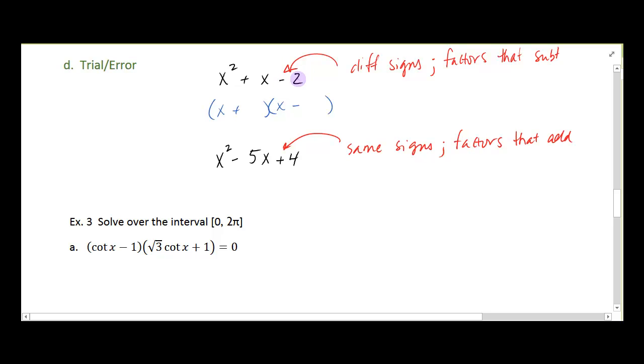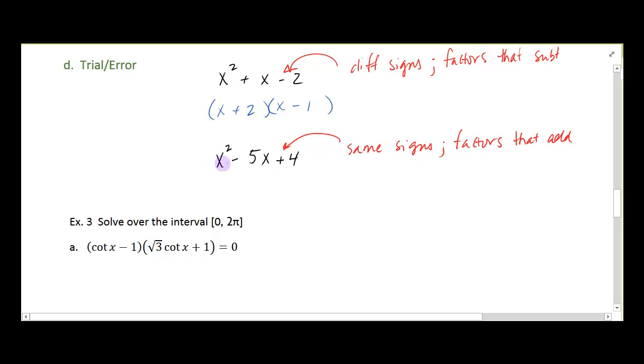So the factors of 2 that subtract to give me a positive 1 are going to be a positive 2 and a minus 1. Most of the time students get the last term correct, or they get these factors correct, but maybe in the wrong order. So let's just check the middle term. The middle term comes from the inner plus the outer. So it's a minus 1 plus 2, which gives me a plus 1.